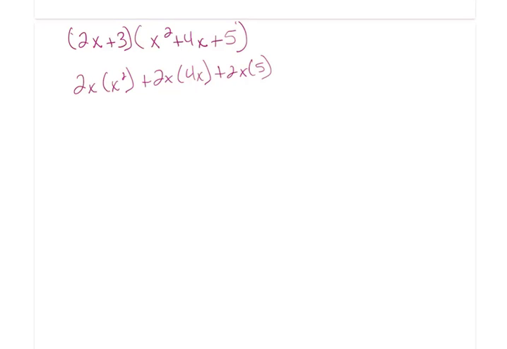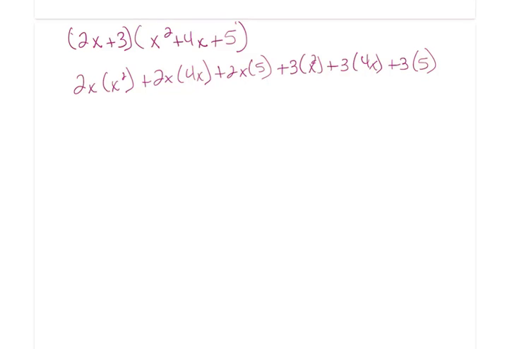And then now you've shared your 2x with everybody, so now you have to share your 3 with everybody. So you have a positive 3 times x squared, a positive 3 times 4x, and a positive 3 times 5. Right? And then you can go through and simplify it.